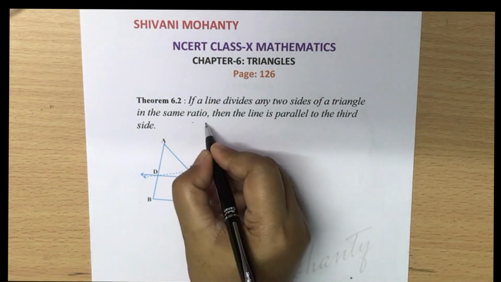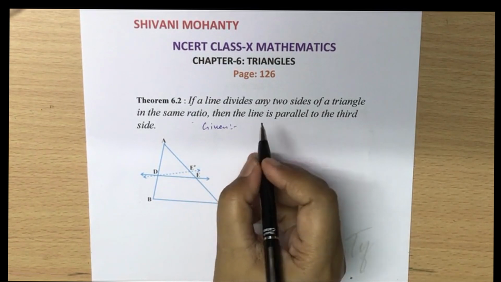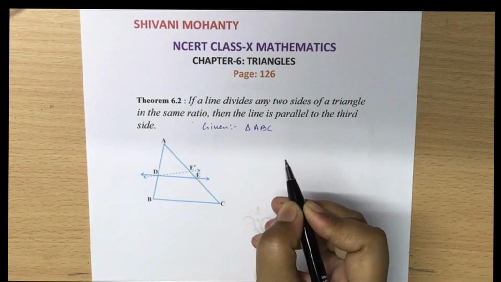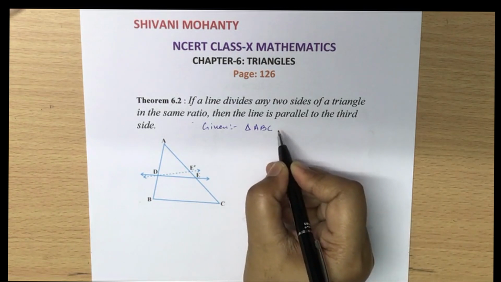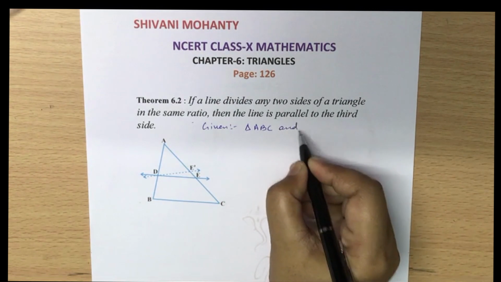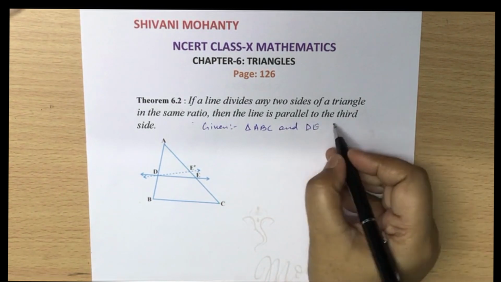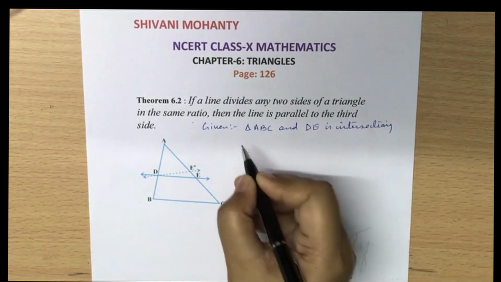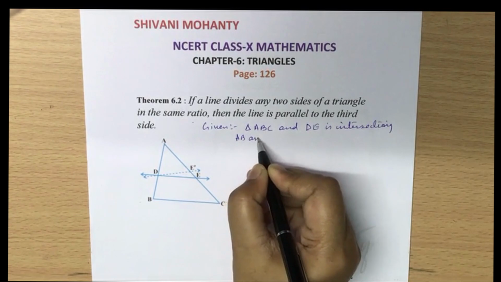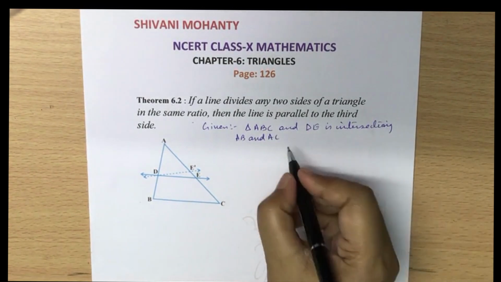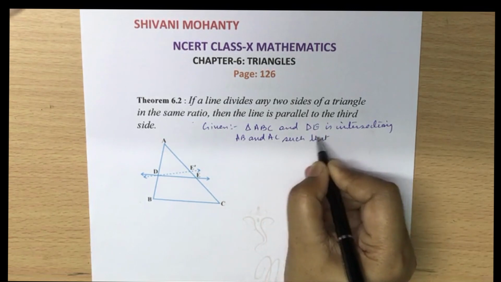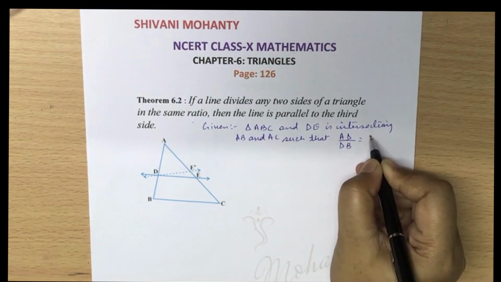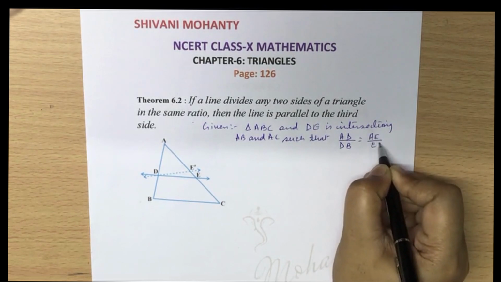Let us first write what is given. Given triangle ABC, and it is also given that DE is intersecting AB and AC such that AD by DB is equal to AE by EC.